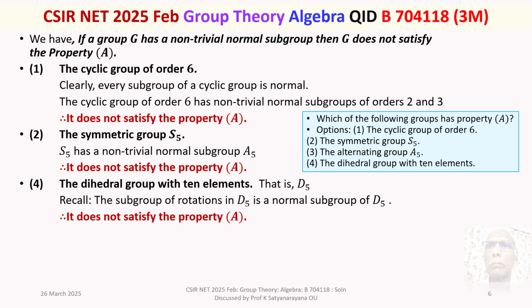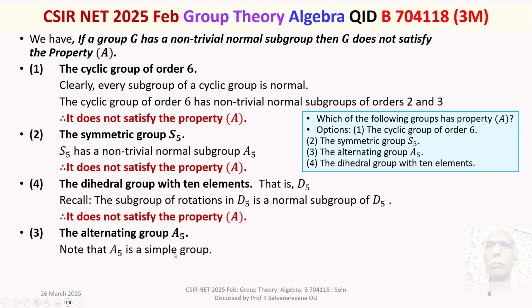For that matter, we'll also discuss that now. Option 3. The alternating group A5. Right? Now, note that A5 is a simple group. It has only trivial normal subgroups.